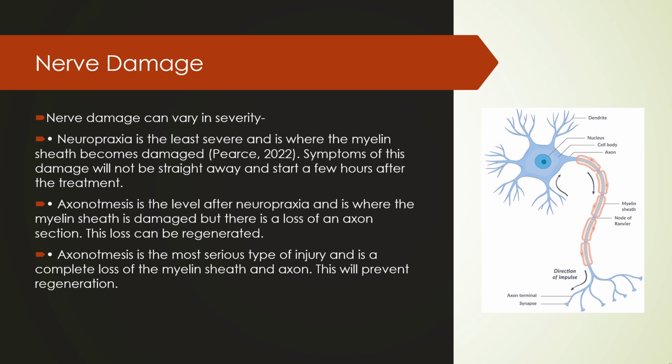It can regenerate, it can be a slow process, but it can regenerate. And then you've got your most serious type of injury, where it's the complete loss of the axon. You can't regenerate. If there's no cells there for mitosis to happen, it's completely severed and there is no regeneration that can occur.